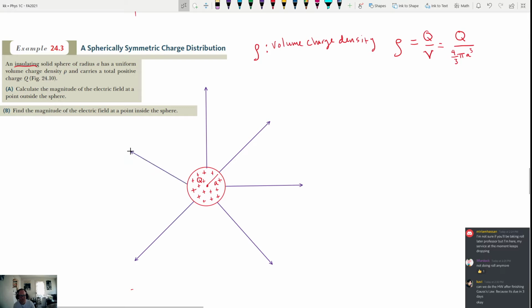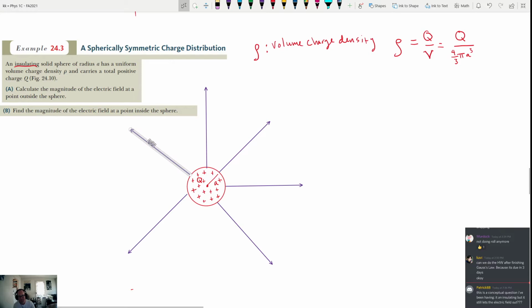I'm just going to draw 6 because I don't really need to go too crazy on this. Wait, that's only 5. No, it's 6. If I'm only going to draw 6, I have to spread them out a little better. Maybe something like that. Okay, so those were electric field lines.